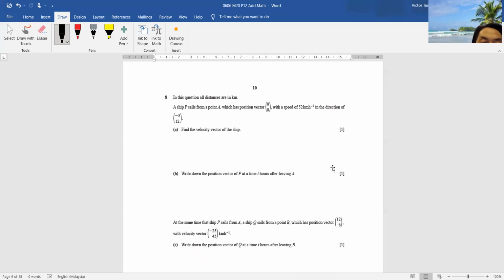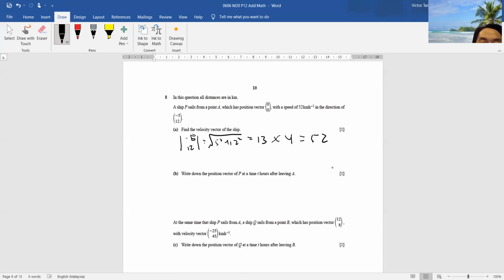So finding the magnitude: 5 squared plus 12 squared, equals 13. Okay, so the speed is 52 kilometers per hour, so you have to multiply by 4, which gets 52.